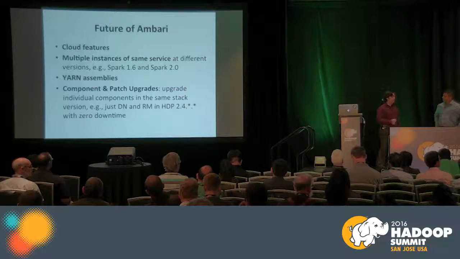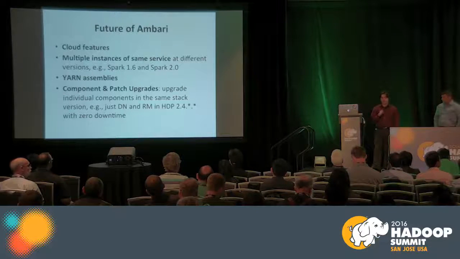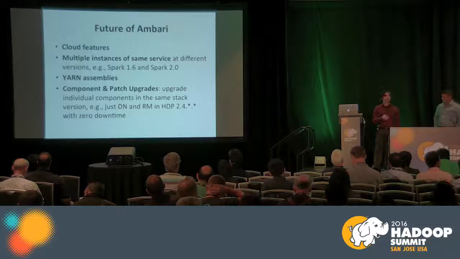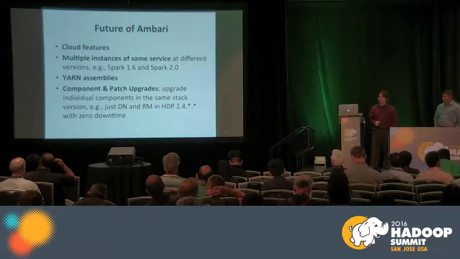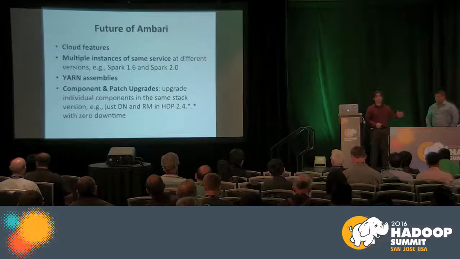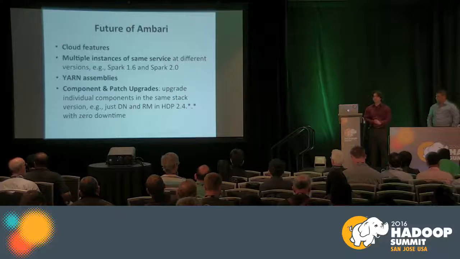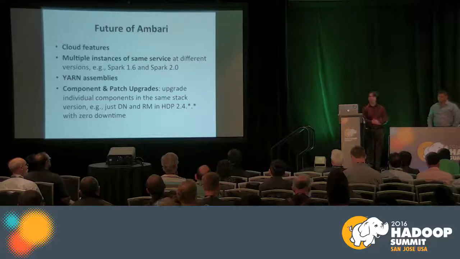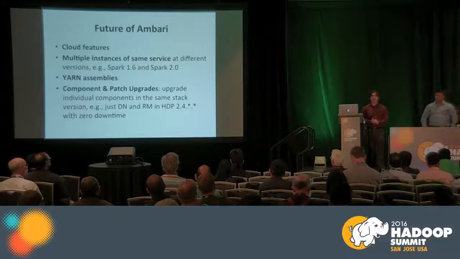Even though today we have rolling and express upgrade, these features either take downtime, in the case of express upgrade, or a lot of preparation. You have to notify everyone in your organization. But if you're just patching a single jar, it's much easier to just deliver that across the entire cluster. I think that's where Ambari is going, and we're pretty excited to see it get there as quickly as it can.